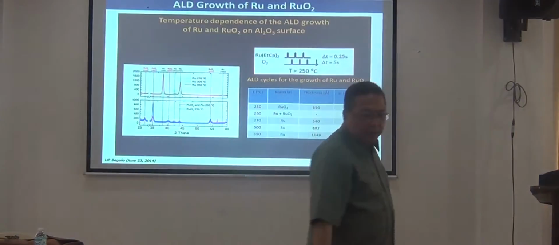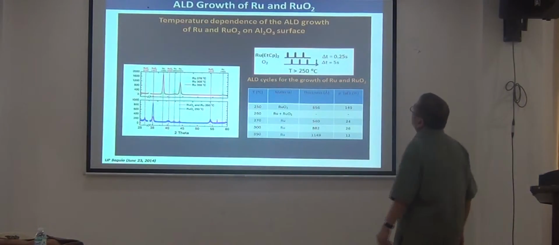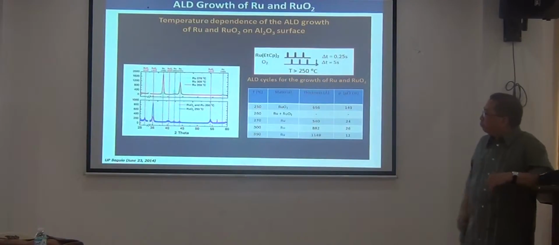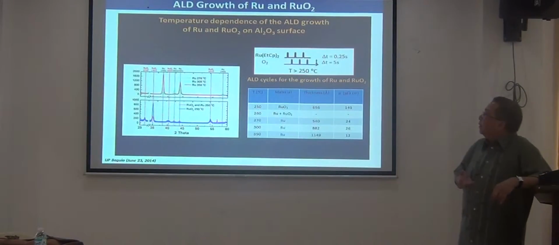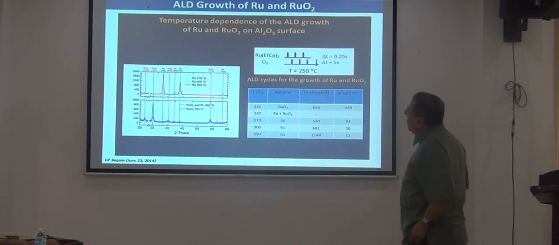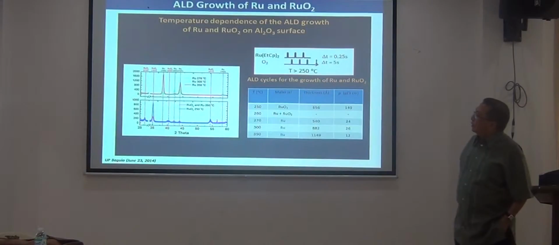And we've done some of that electrode research, and this is using ruthenium and ruthenium oxide as possible anode for electrochemical supercapacitors.